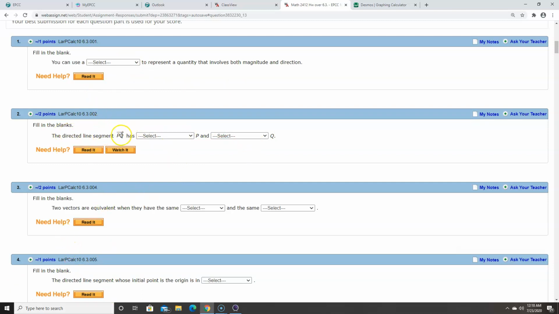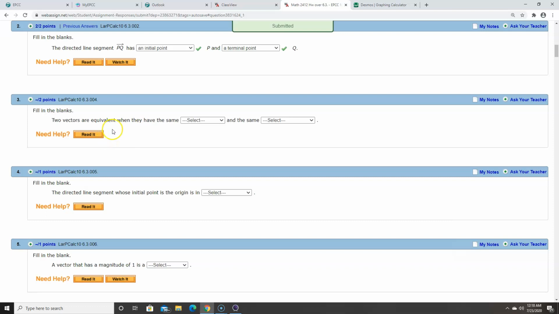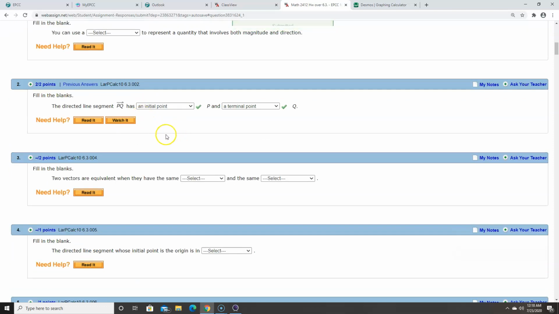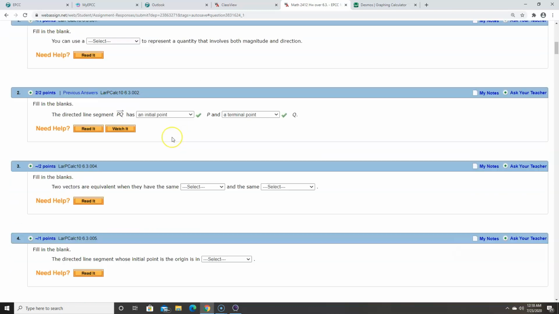The directed line segment PQ has blank P. So what's P called? Directed line segment PQ. P is called the initial point, and Q is called the terminal point. And it's right up here. And so the other 4 should be just as simple.